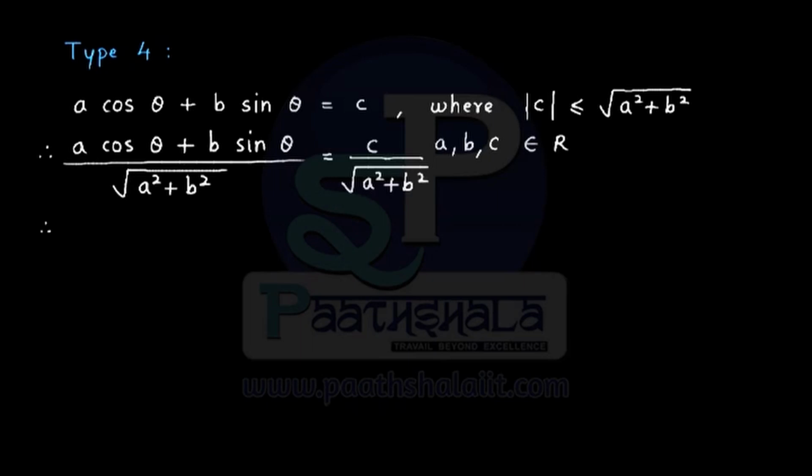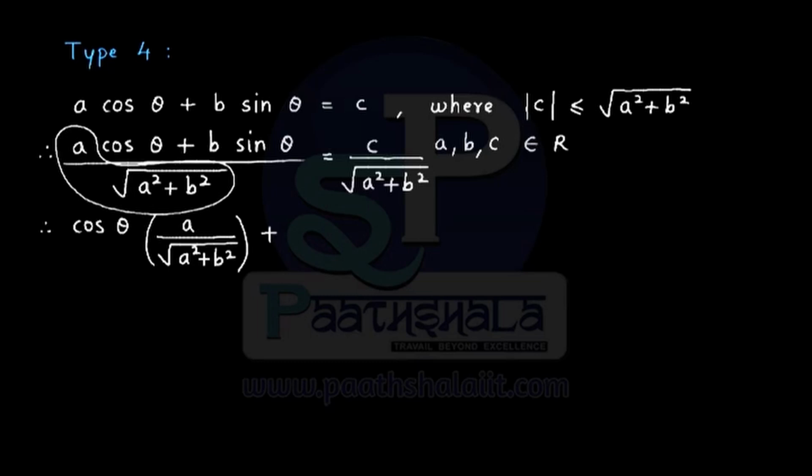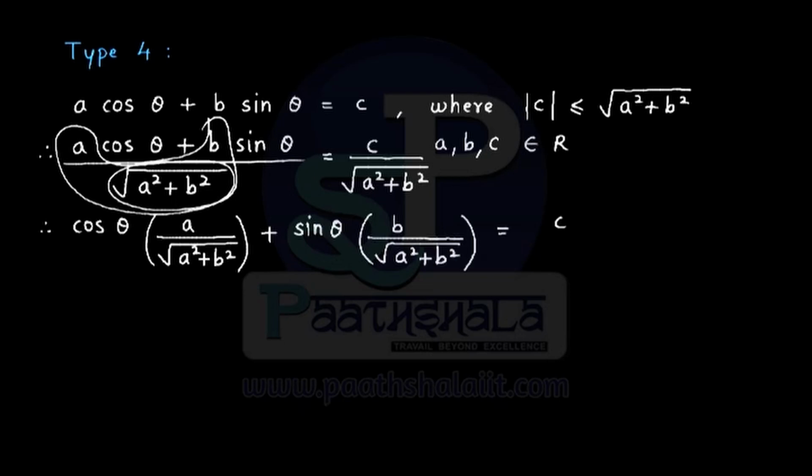Now I just rearrange this left hand side, writing cos theta first and writing the other factor, that is a upon root of a square plus b square, plus the next term is sin theta multiplied by the remaining factor, that is b upon root of a square plus b square, is equal to c upon root of a square plus b square.